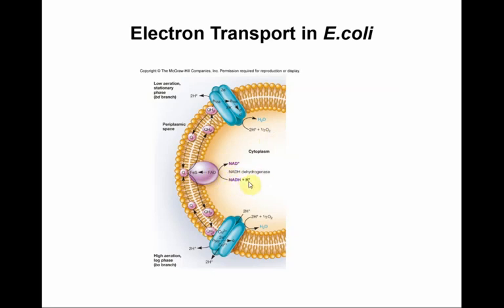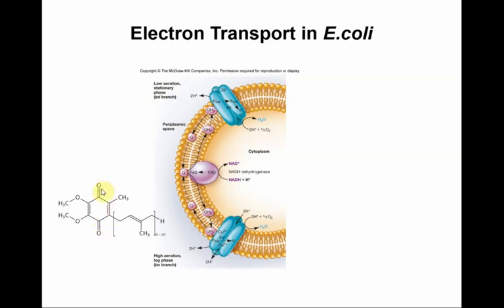So these electrons and an extra proton will be transferred through a bunch of molecules here onto quinone. So quinone is what? It's this hydrophobic molecule with a kind of lipid tail here. And quinone has got these two kind of ketone groups on the ring here.